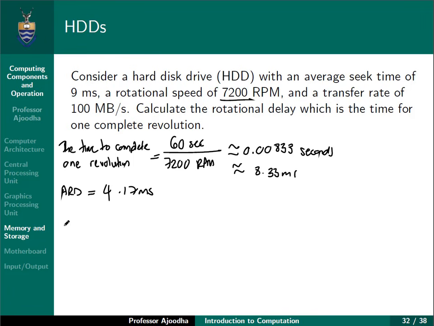So the access time is the sum of the average seek time plus the average rotational delay. I'm writing in a very awkward position, so sorry about that.